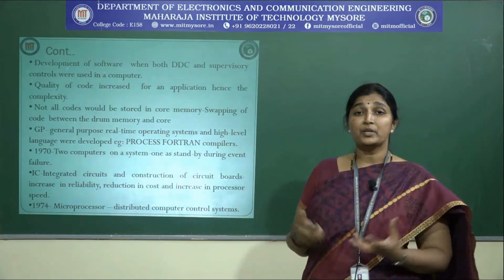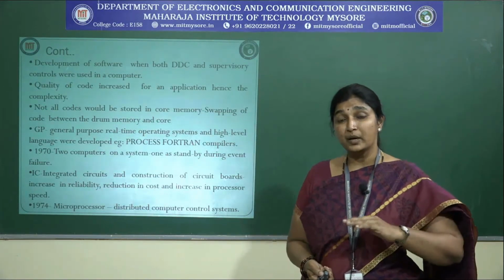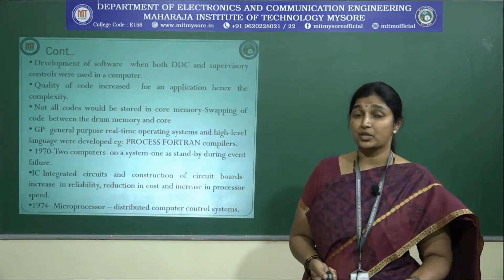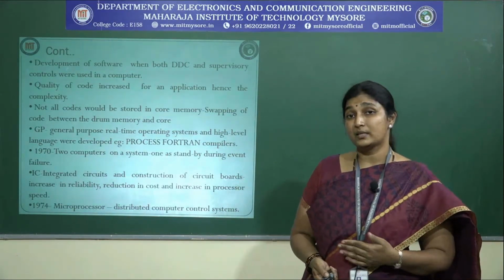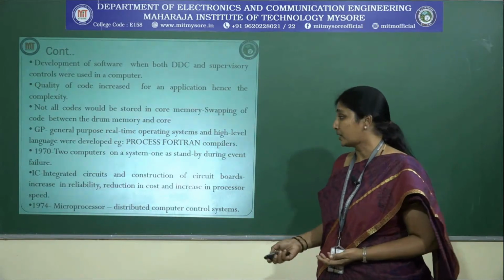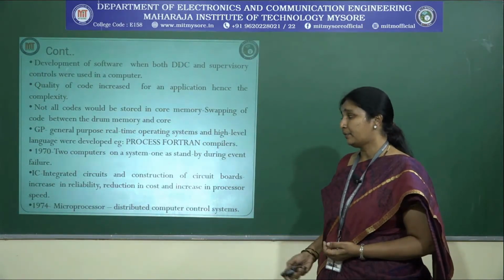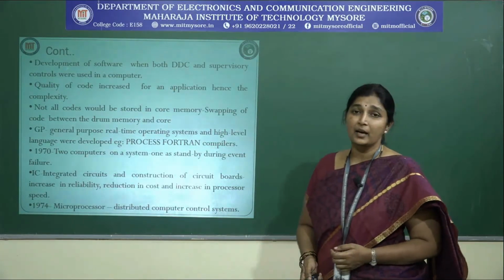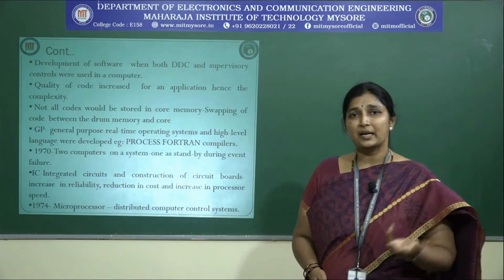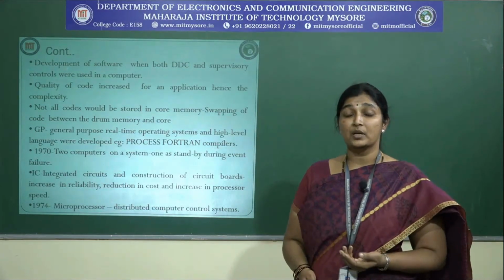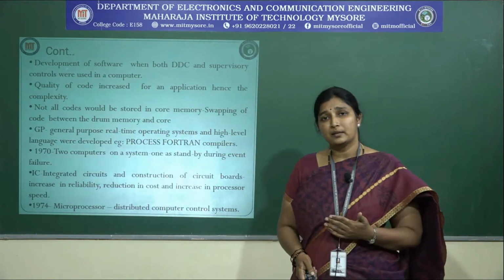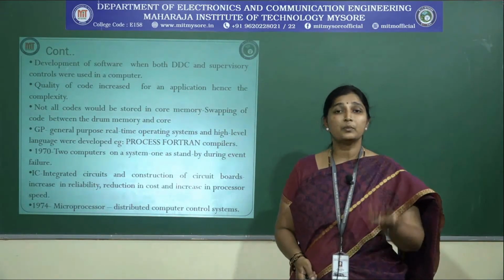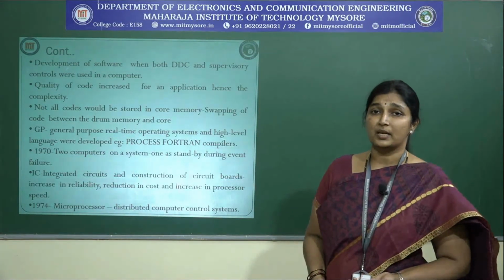All the components were placed on a single chip, and then you could have a lot of applications, enormous data storage, and that is the era which is called the golden era of electronics. So then in 1974, microprocessors, distributed computer and control systems came into being, where the best example is just like mini computers. So mini computers were actually started in the year 1974 with microprocessors, and later microcontrollers came into being.